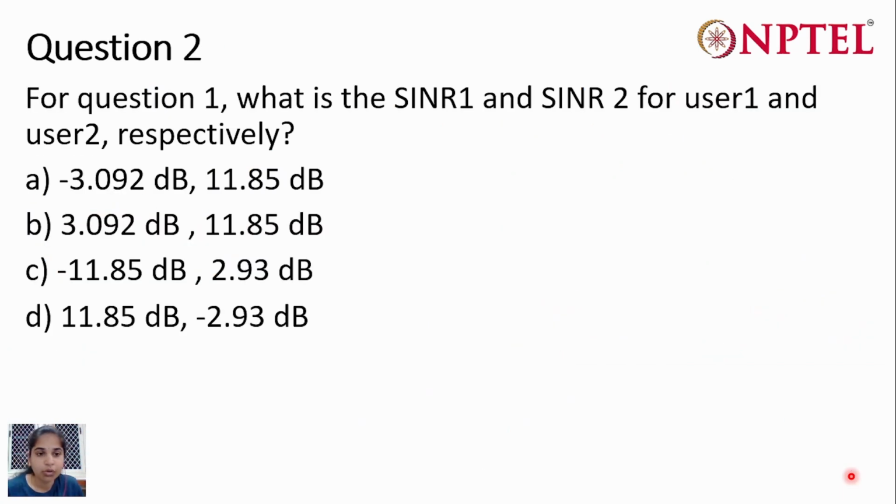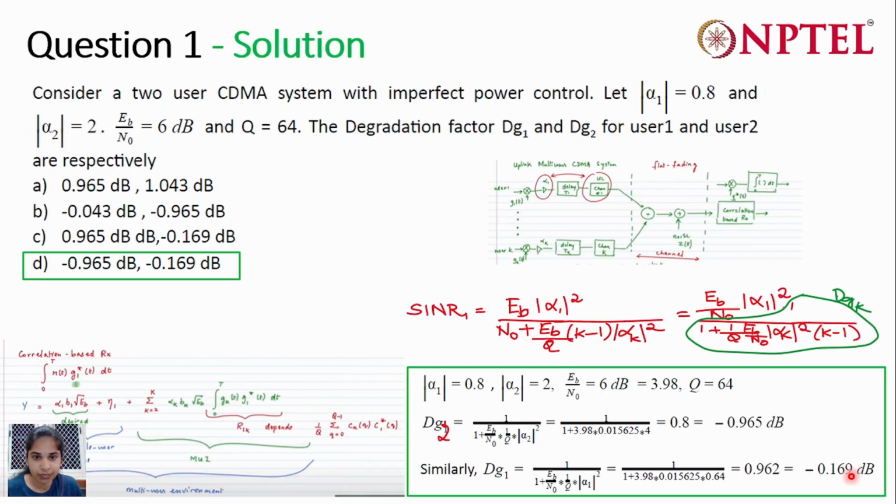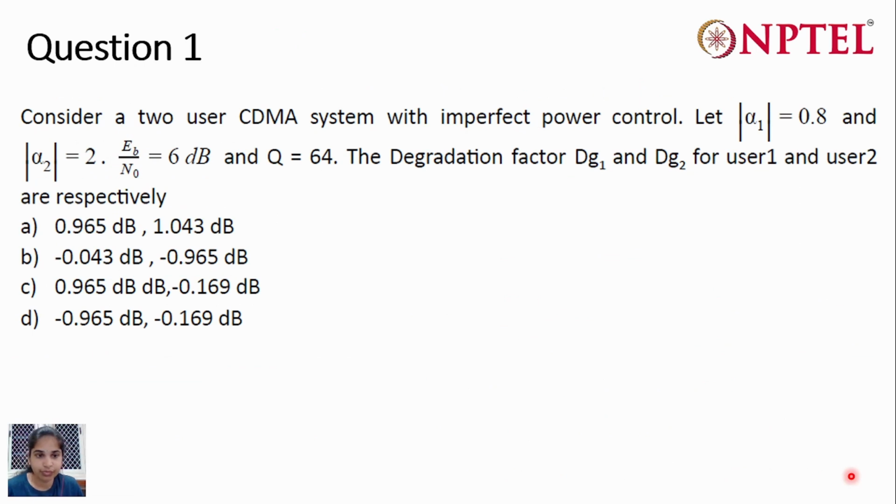Okay. Now, in a similar situation, what is the SINR for user 1 and user 2 respectively? So, with the same parameters, you will have to find the SINR. You can write down the expression and calculate the SINR.